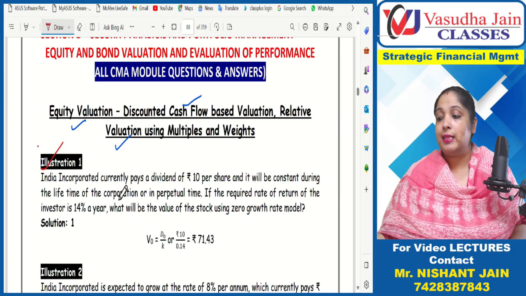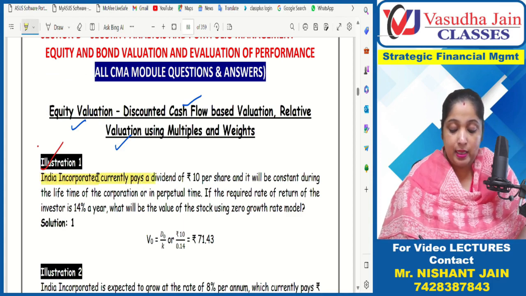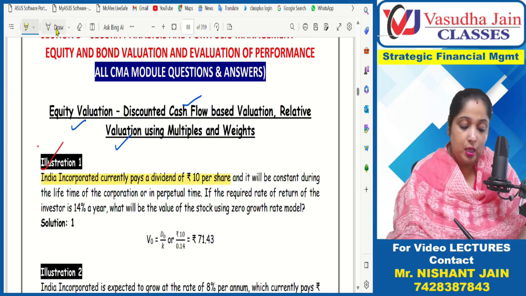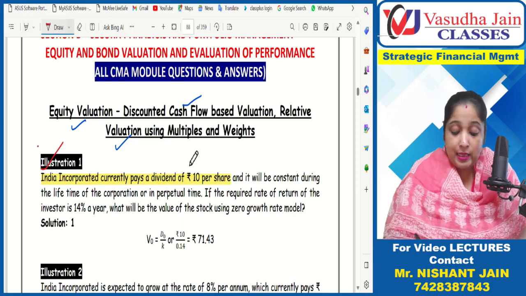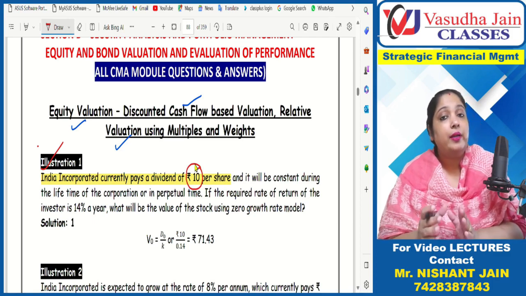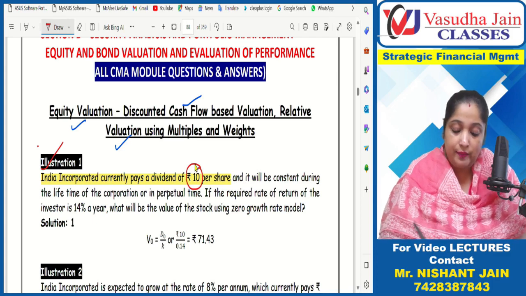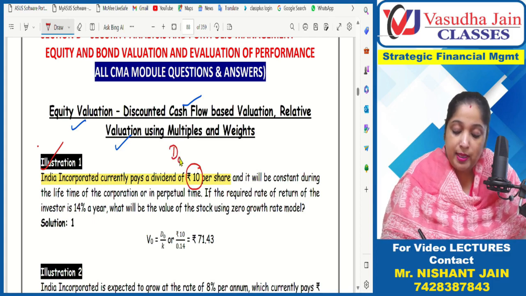So the first question says, India Incorporated currently pays a dividend of 10 rupees per share. Is this the dividend which will be paid next year in the future, or is this the current dividend? Current dividend I will represent by D0.